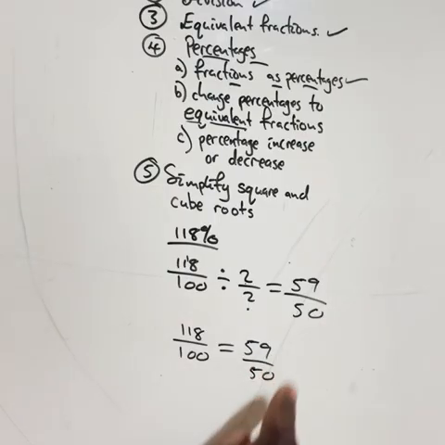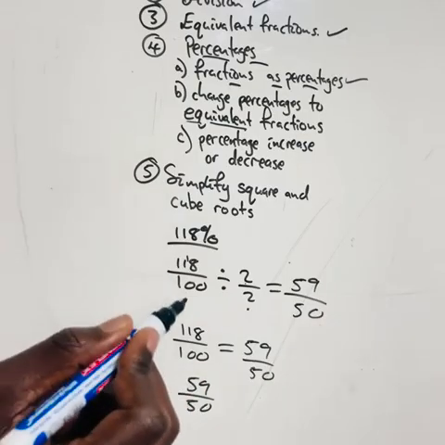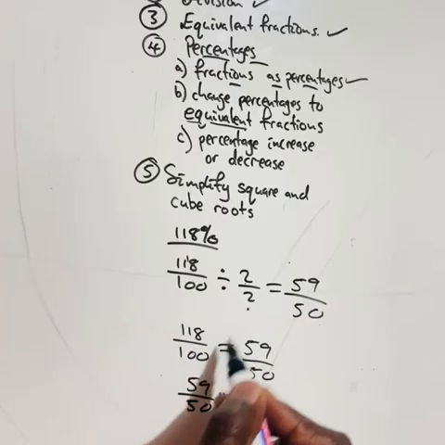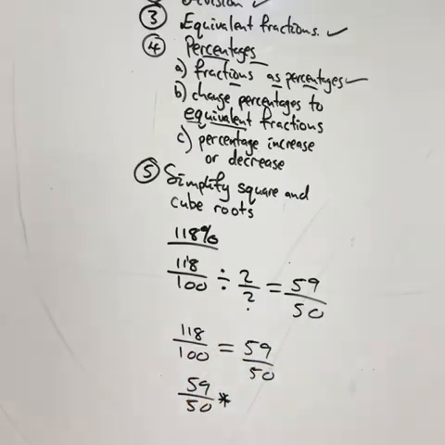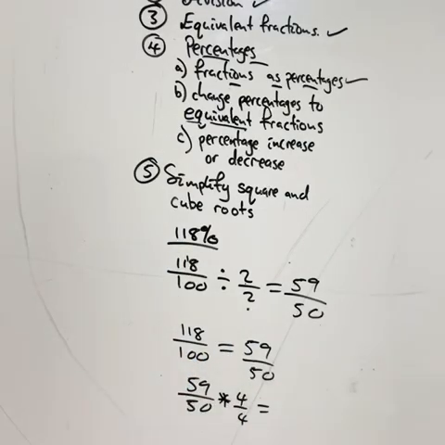There is no other number that I can use, right? Or alternatively, what can I do? I can say I've got this 59 over 50, which I got when I reduced this 118 over 100. Instead of dividing by 2, because remember here I divided by 2, I can actually multiply this by 4 over 4 and say 59 by 4. Now that's 118 times 2, which is what? 336, if I'm not mistaken.